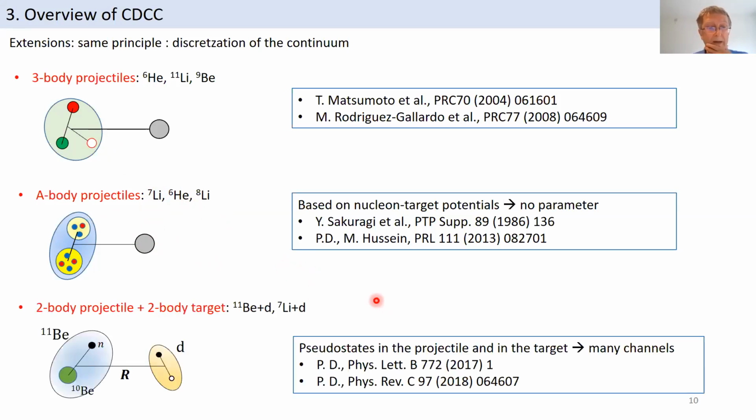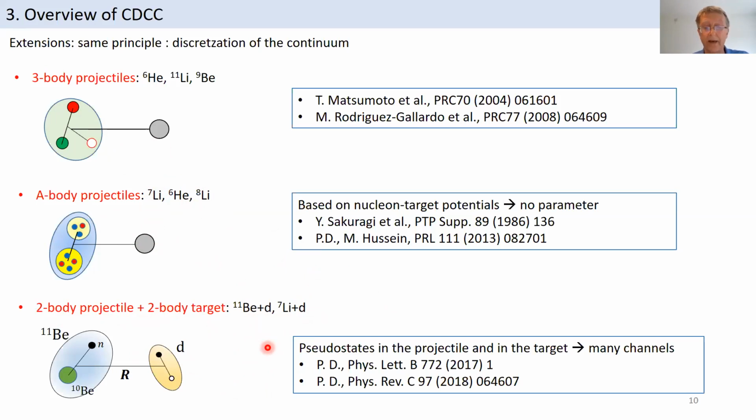More recently, I extended the CDCC formalism to systems involving two-body projectiles and two-body targets. A typical example is beryllium-11 plus d. There are many recent data with deuteron as a target.